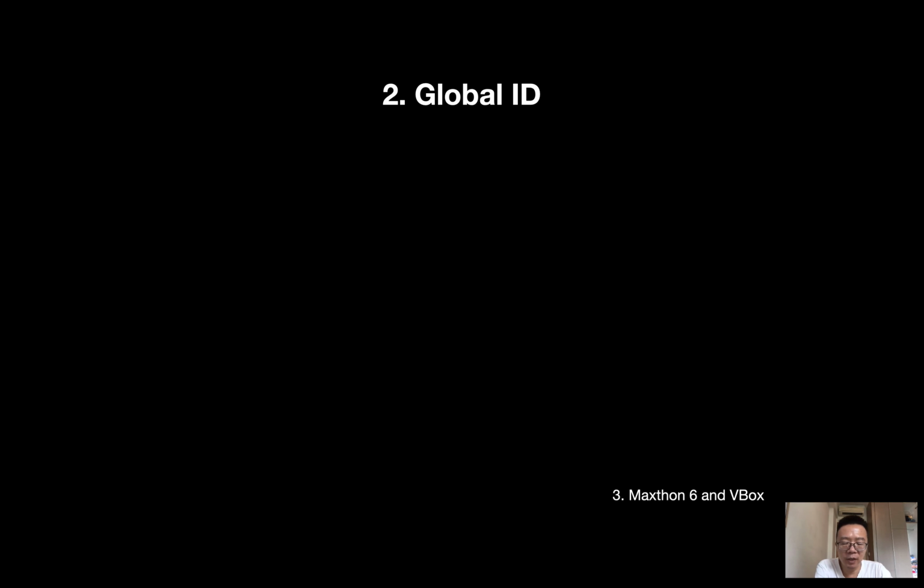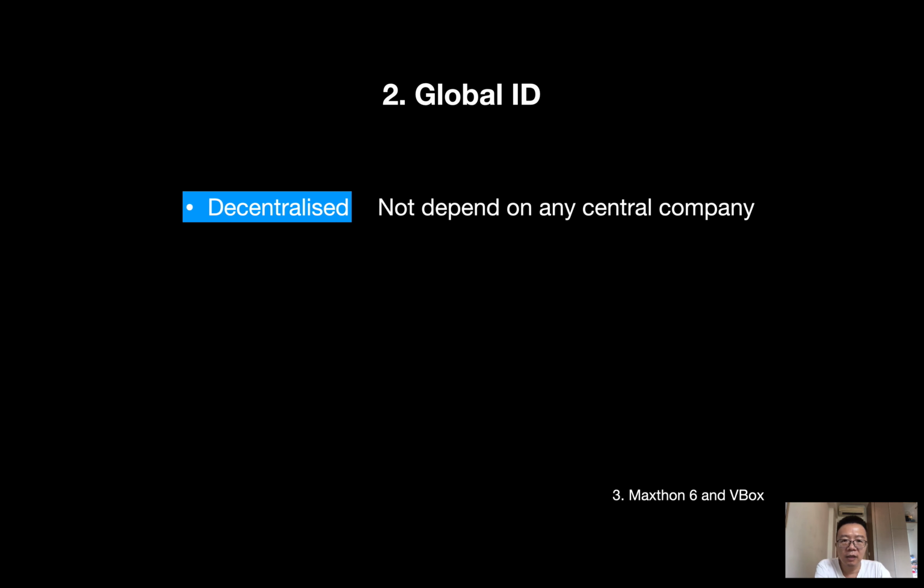To be able to be our global ID, we believe there are some requirements. First, it has to be decentralized, which means it does not depend on any central company, because a company may go out of business, but we don't want our ID to go with the company. We don't want the company to own the ID.